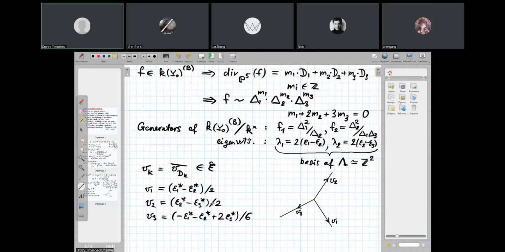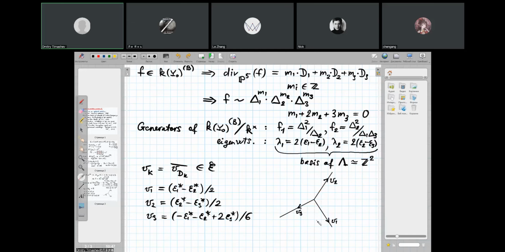So assuming that these epsilon i stars give you an orthonormal basis of the three-dimensional vector space, then the geometric picture will be like this. So the angle here will be 120 degrees, and here it is the right angle. So the picture will be like this.